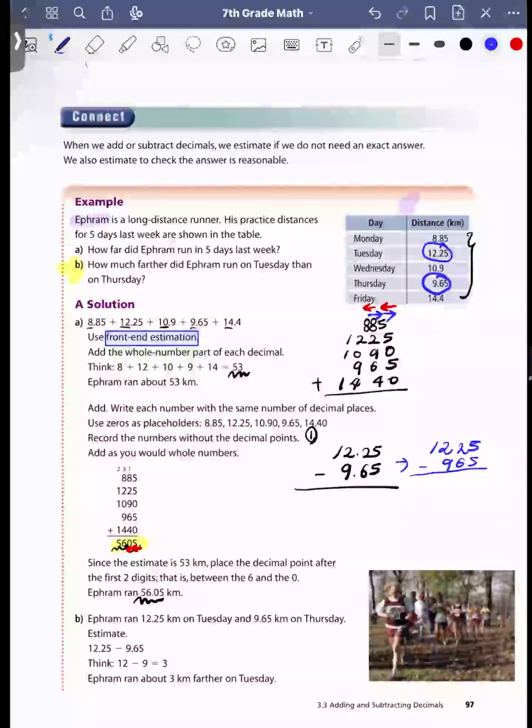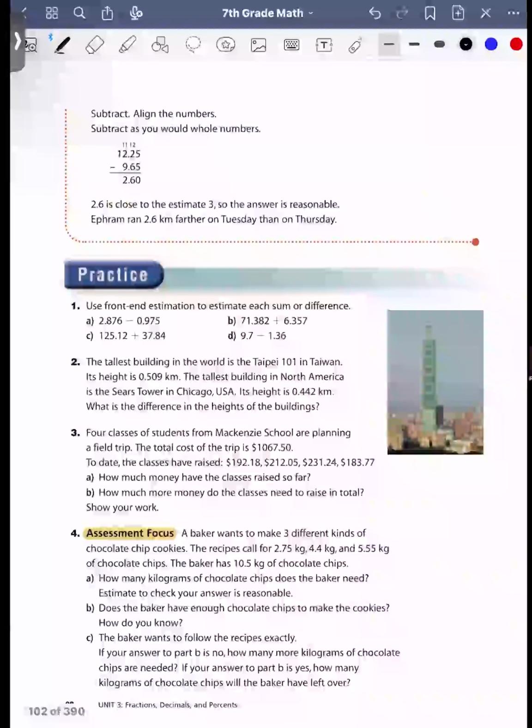So if we do the subtraction, it's gonna give us 260. Now we revert the decimal points, which is gonna give us 2.60. So you can say that Ephraim ran around 2.6 kilometers farther on Tuesday. Okay?